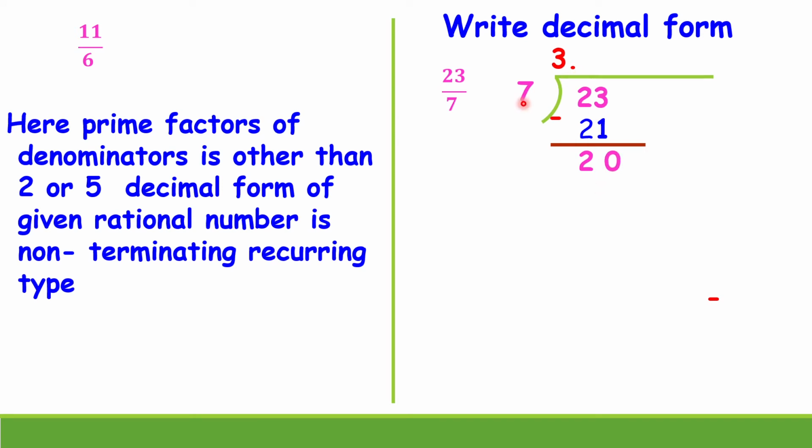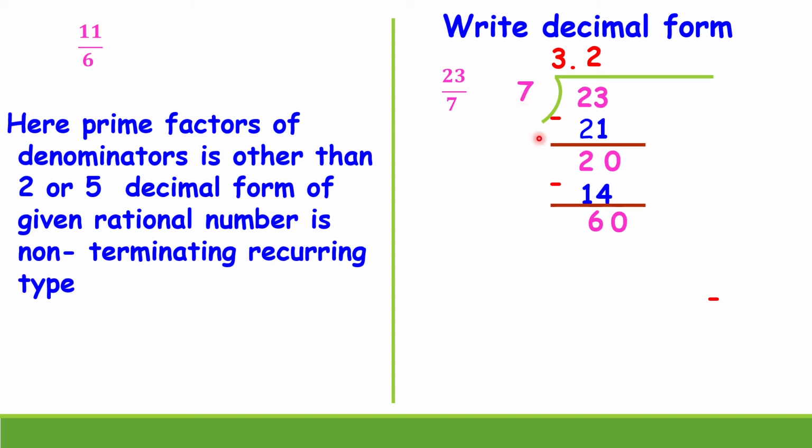Now, count the table of 7 up to the number which is near to 20 and less than 20. 7 1s are 7, 7 2s are 14. Therefore, the quotient is 2. 7 2s are 14. Subtract 14 from 20. Then how much is remaining? 6 is remaining. Here 6 is less than 7. Therefore, we write 0 again.